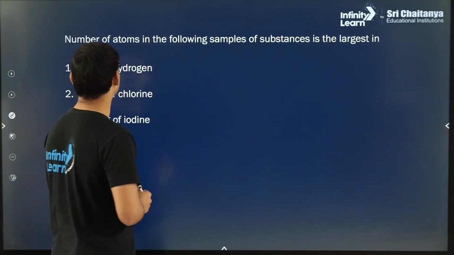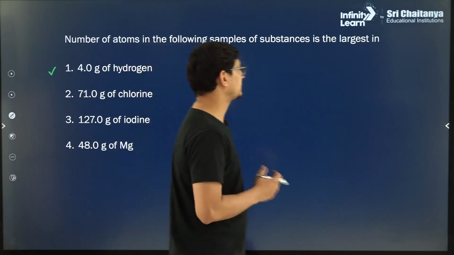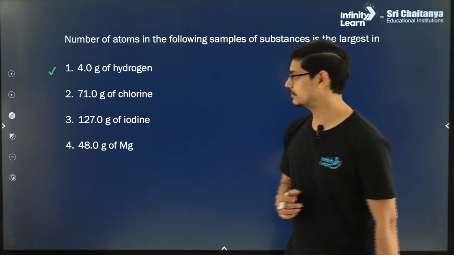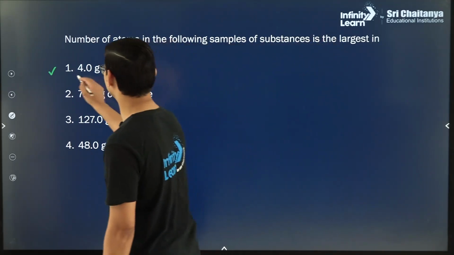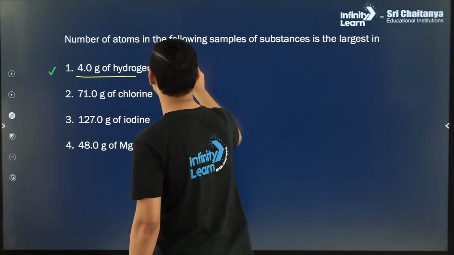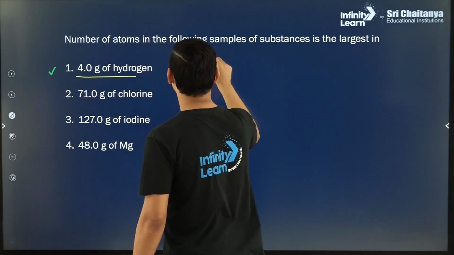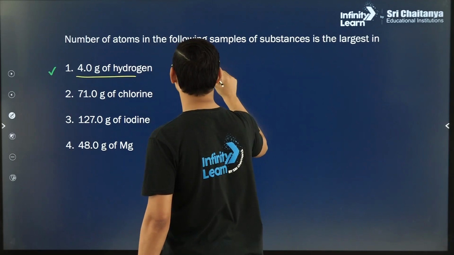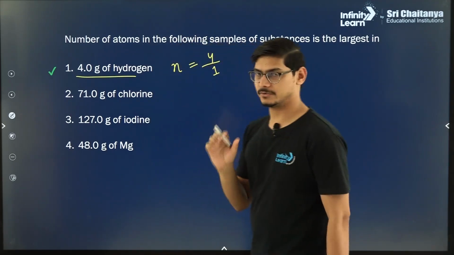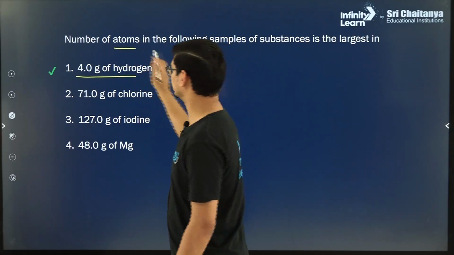Beginning with the first question, the number of atoms in the following samples of substance is largest in? The correct answer is this, because the number of moles is mass upon molar mass. Hydrogen is 4 gram and its molar mass is 1 for hydrogen atom, because the question is atoms.